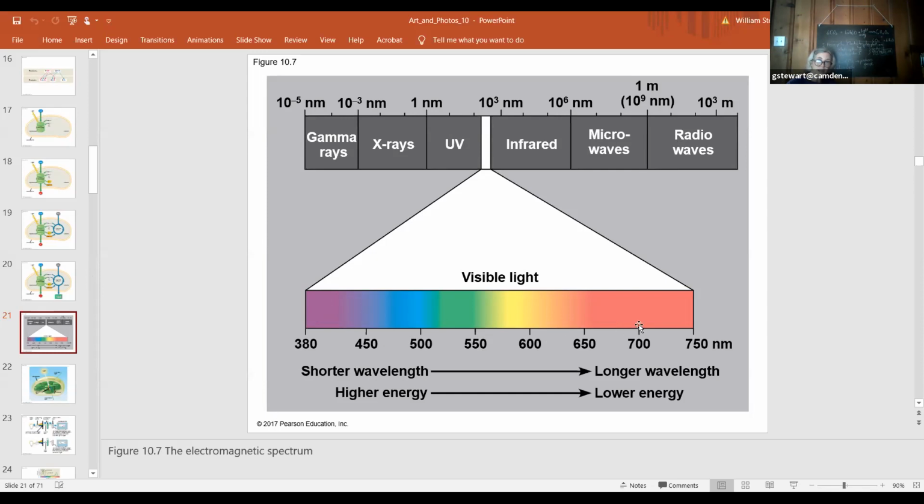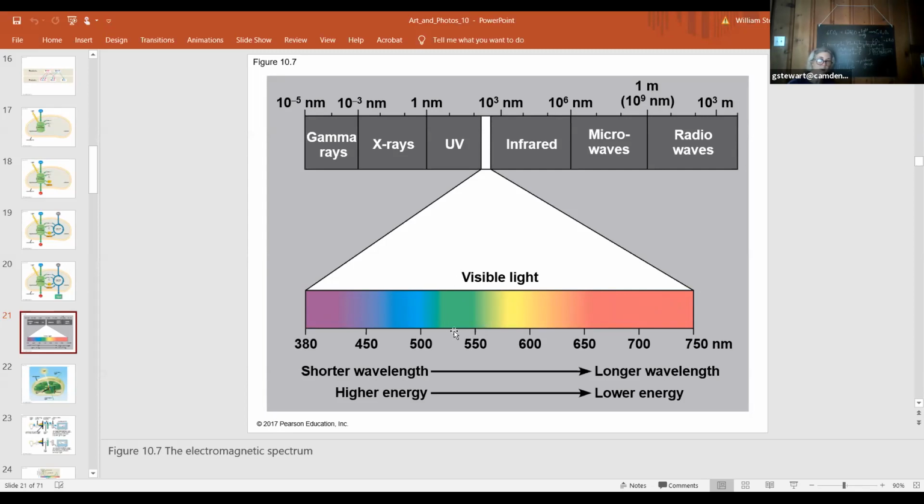The visible light range here is what we're most interested in for photosynthesis, and what we're going to see is not all of this. Plants can't use all of this visible light, they can only use some of it. And in actuality, they can use almost all of it except the green.